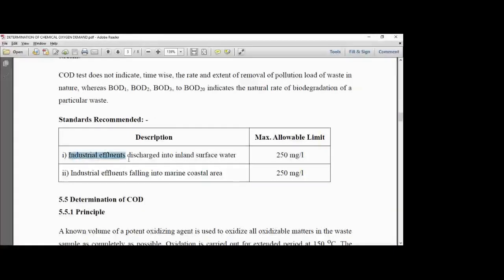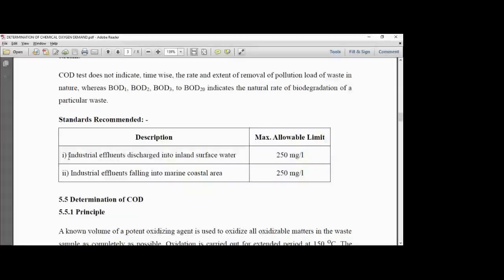Now, what are the standards recommended? If I am treating an industrial effluent and want it discharged into inland surface water, the COD should be 250 mg per liter. Similarly, if I have to discharge industrial effluent into a marine coastal area, that value is again 250 mg per liter.